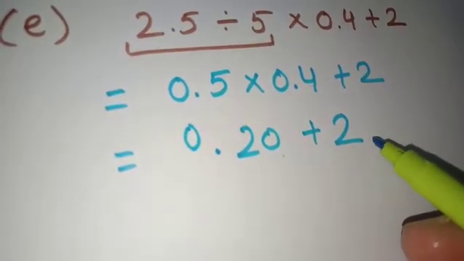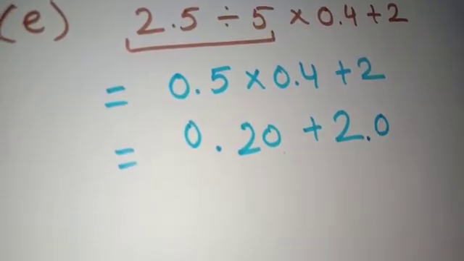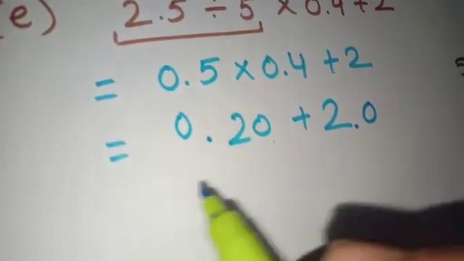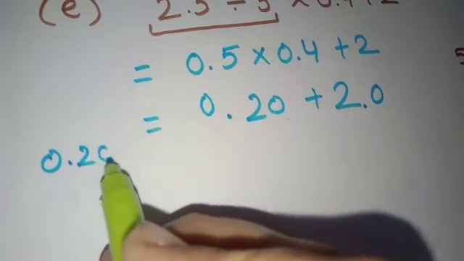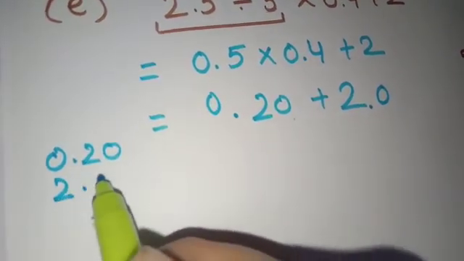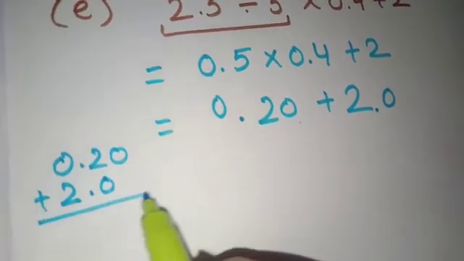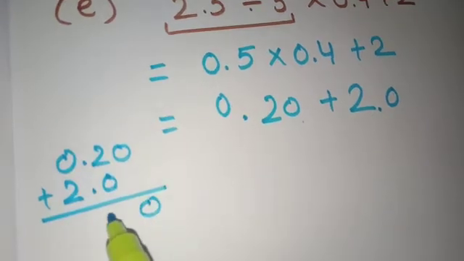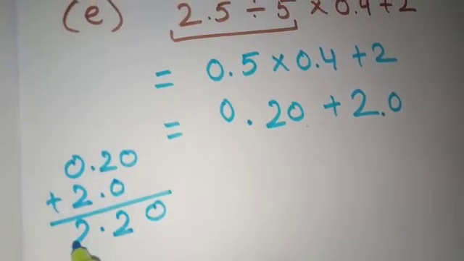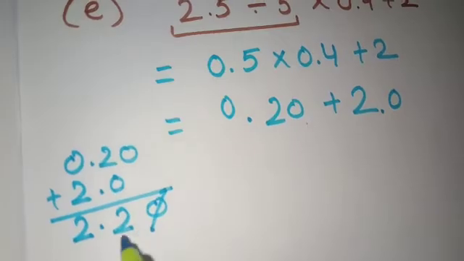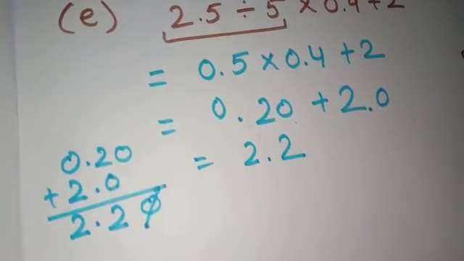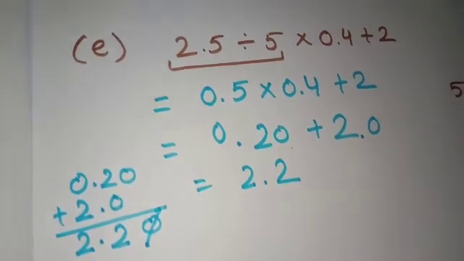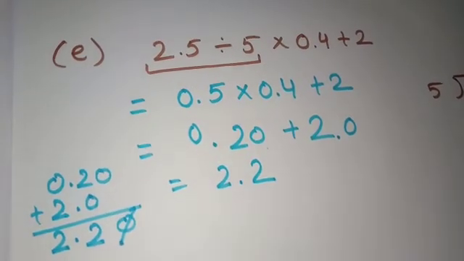So for your convenience, you can mark the point here and write it as 2.0. And when we check the addition, it will be 0.20 plus 2.0. What will be the sum? 0, 2, 2. We can leave this 0. The answer will be 2.2. Okay, this is the E part of the question.